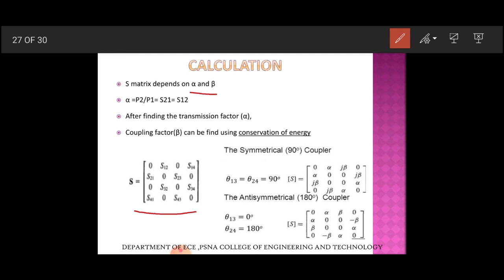So the S matrix depends upon the alpha and beta values. After finding the alpha value through the conservation of energy, we can find the beta value also. Substituting alpha and beta in the given S matrix, we will obtain the S matrix of the directional coupler easily.